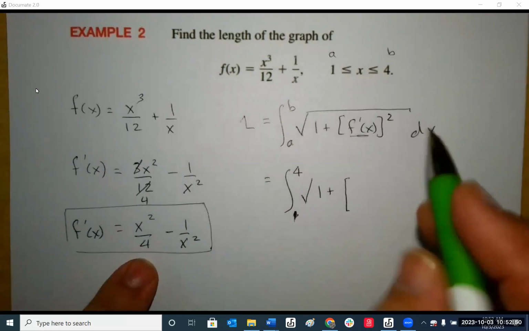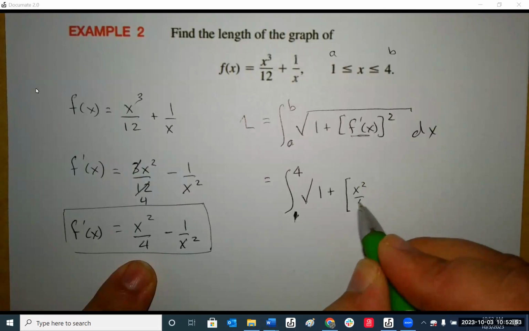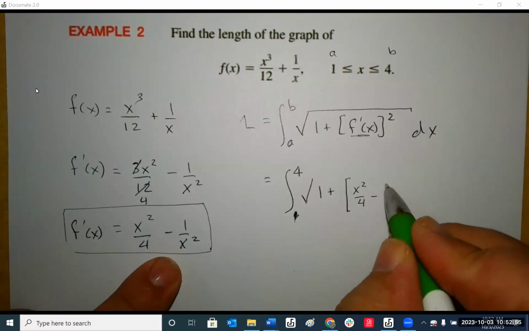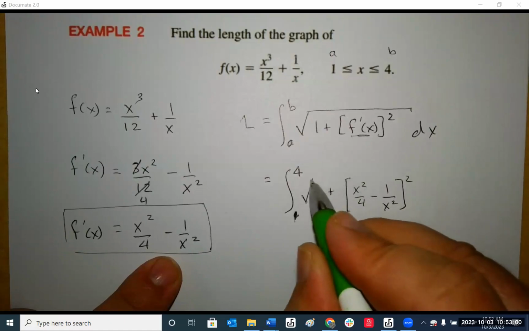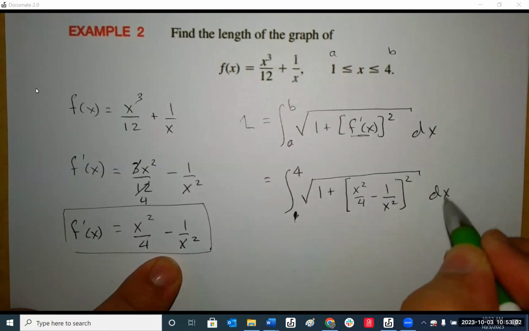And our f prime is x squared over 4 minus 1 over x squared dx.